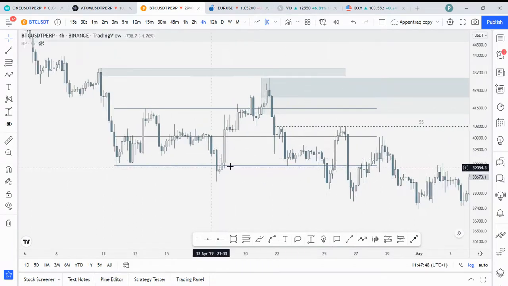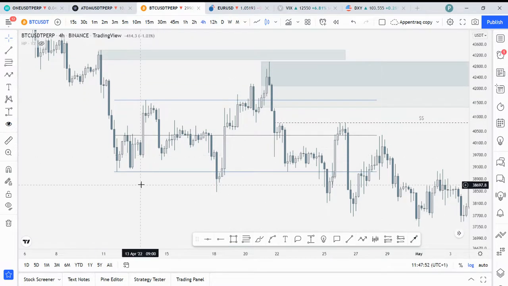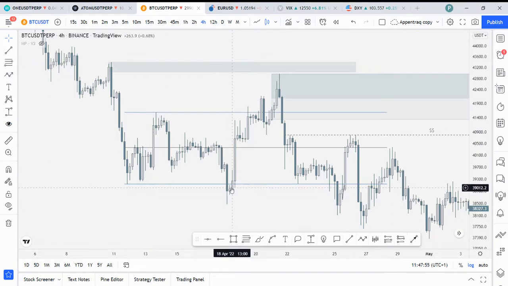If you go to the lower time frame, you would actually see this retest. This is not very vivid on the 4-hour time frame. On the lower time frame, you see how price went up and then came back to retest the low. And where do you target? You target the midline first and then the range high.